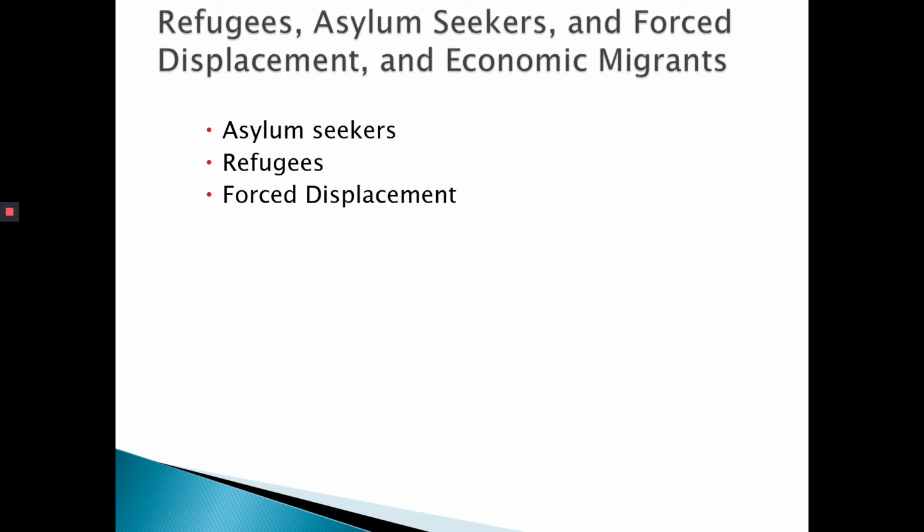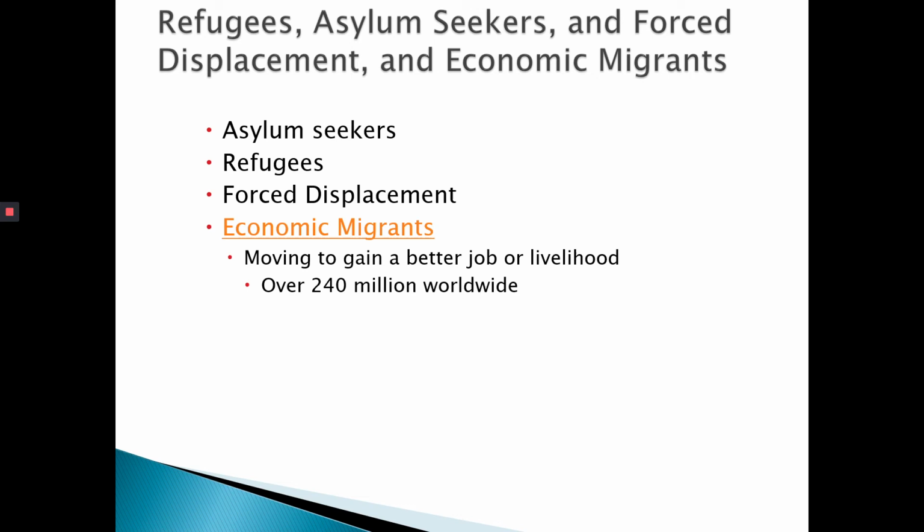So we also have another class of individuals who are called economic migrants. Economic migrants essentially are migrants that are moving so they can obtain a better way of life. There are a huge number of individuals who would be classified as economic migrants, simply seeking a better way of life from where they now live.